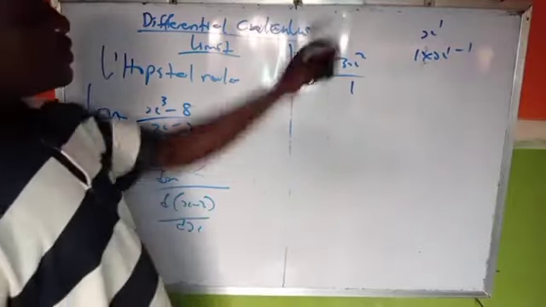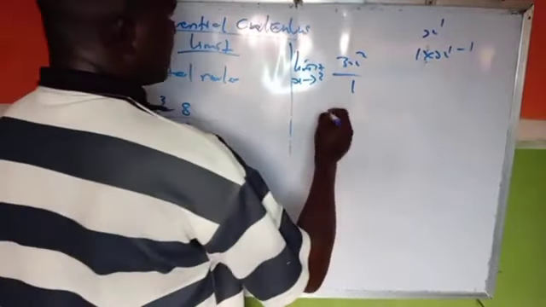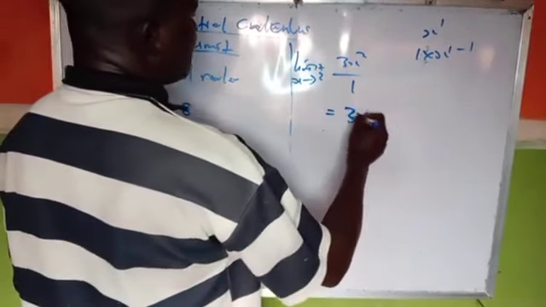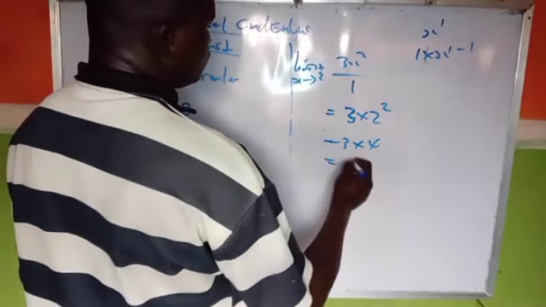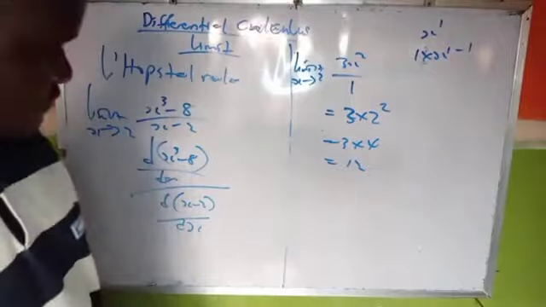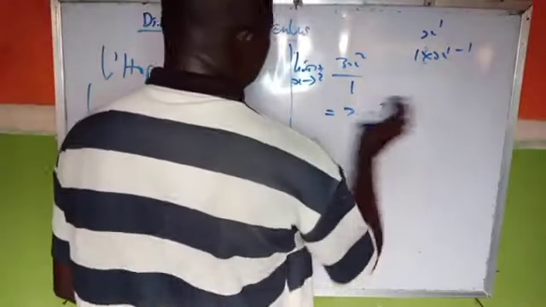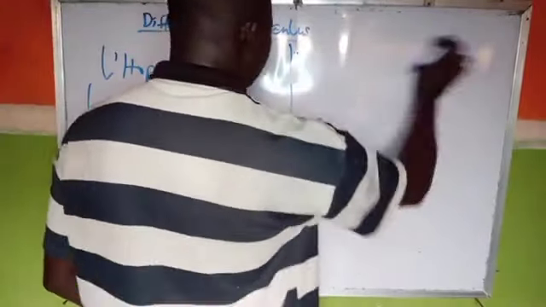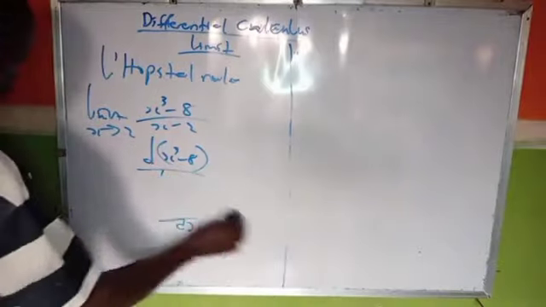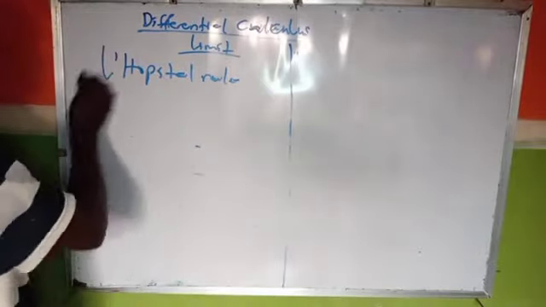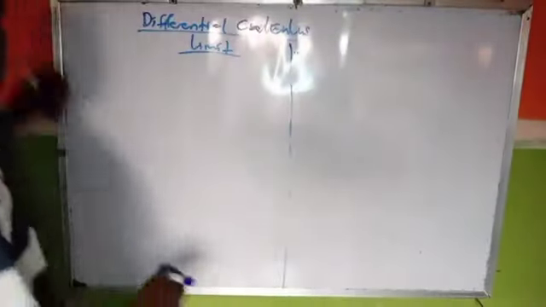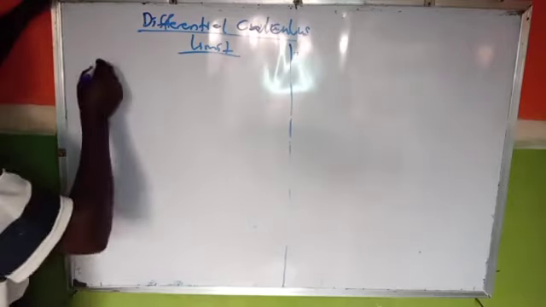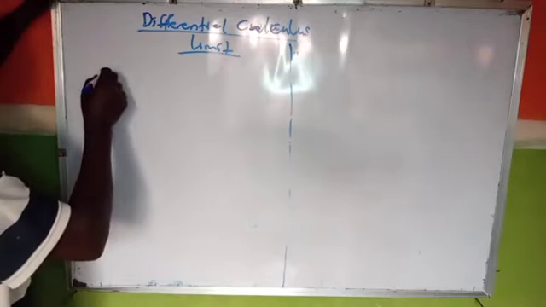You can now substitute: 3 times 2 squared, 3 times 4, so we still get the same thing, 12. So that is L'Hopital's rule, or Bernoulli theorem. Now, look at another one. Let's say they give you something like this.